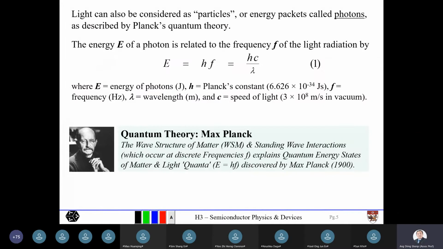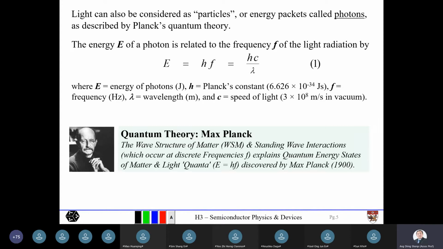Now, the next important concept I want to review is the duality nature of light. In quantum mechanics, light can be considered as particles or packets of energy called photons. I think this concept should be familiar to most of you by now.